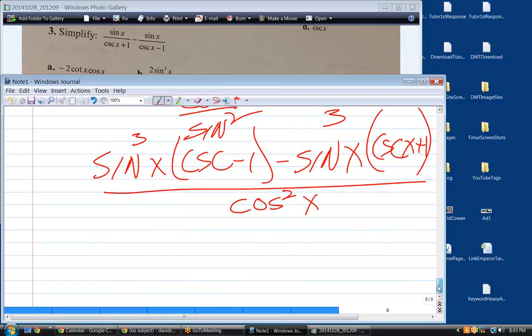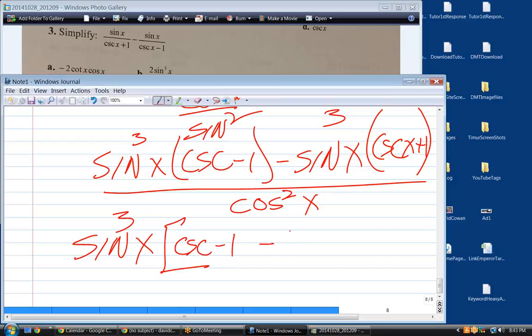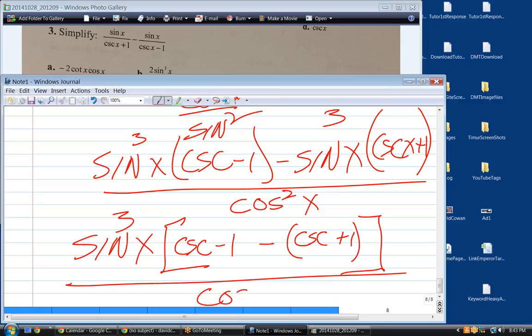Well, let's factor out a sine cubed from the numerator. What is left behind? Cosecant minus 1, minus the quantity cosecant plus 1, all over cosine squared.